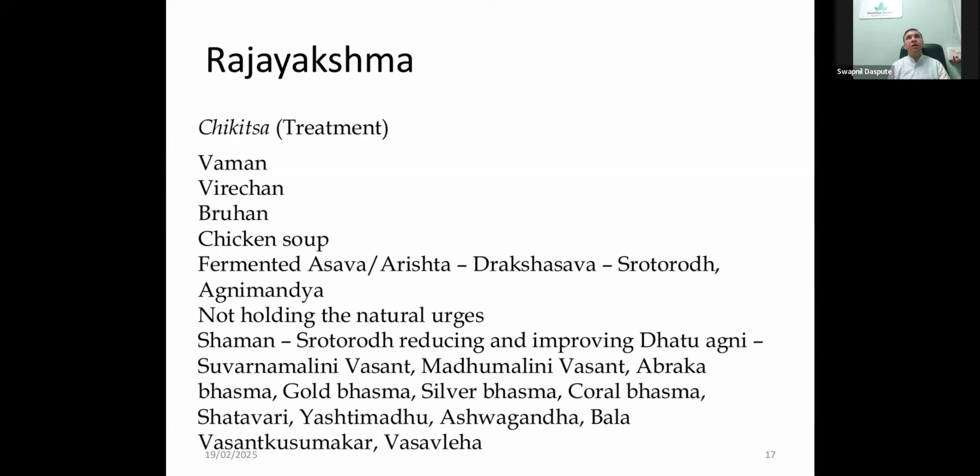And our experience has been most of the patients have presence of ama in their body to a smaller or larger extent. Almost all. It is very difficult to find a patient who is Nirama.